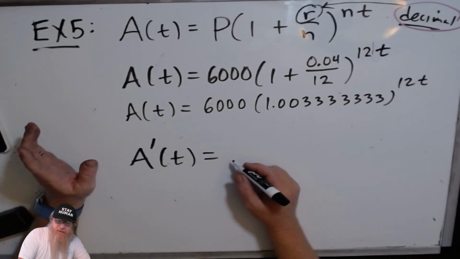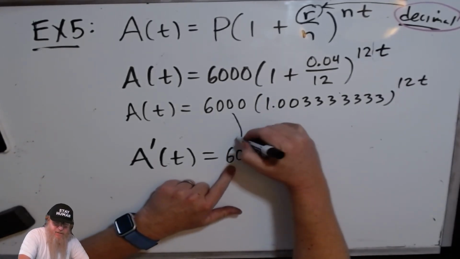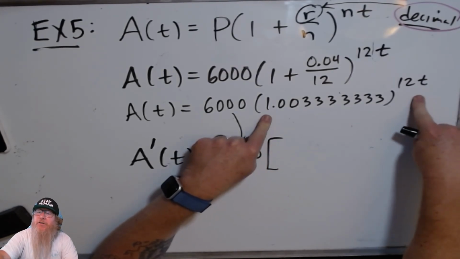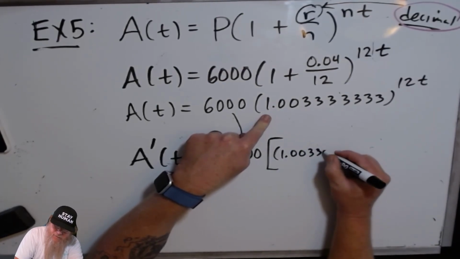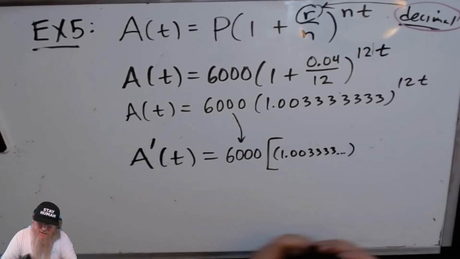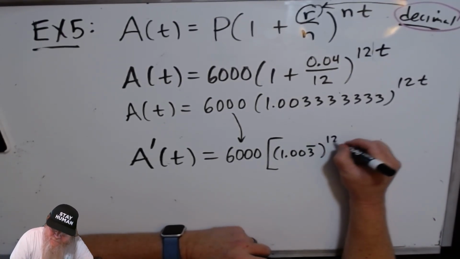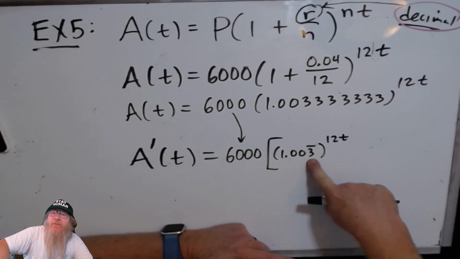All right, so let's take the derivative of this. It's going to be what? It's going to be 6,000. I'm going to pull that out to the front. Then I'm going to take the derivative of this. Now this is going to suck, because it's an exponential function. So the derivative of this is 1.00333333333333. If you want to save space, you can put 3 with a bar. That reminds you that when you type it into your calculator, go 333333333.